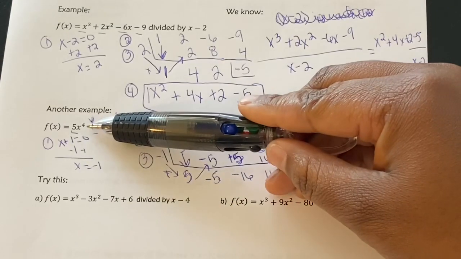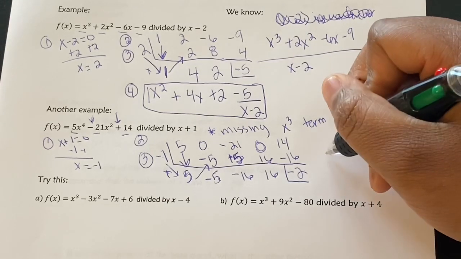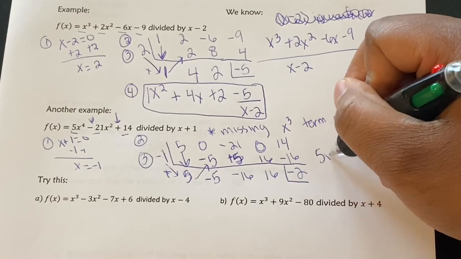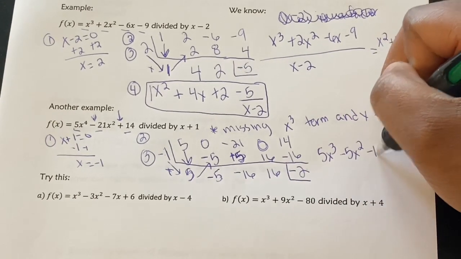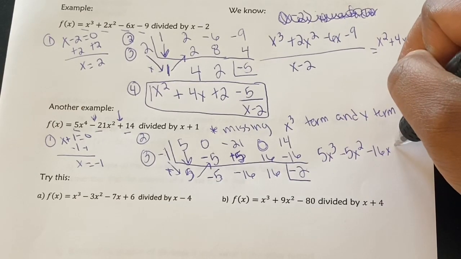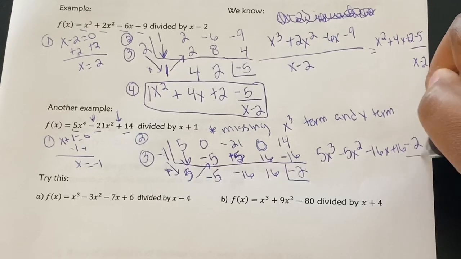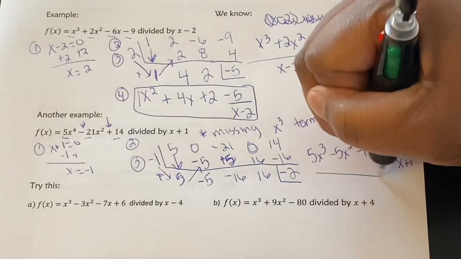So if the original was a degree of 4, then my answer has to be in a degree of 3. So it's going to be 5x cubed minus 5x squared minus 16x plus 16 with a remainder of -2 over x plus 1. This is my answer.